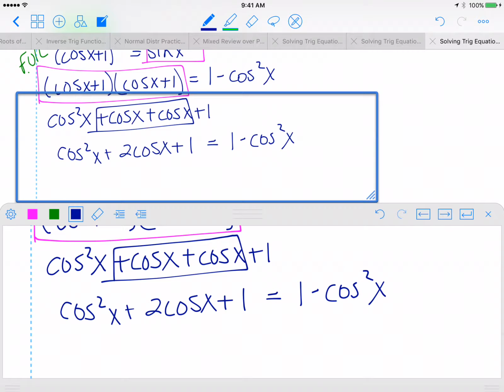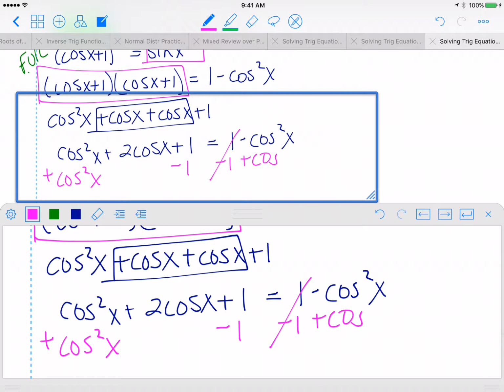Okay, so now let's get everything to one side, and that one side is equal to 0, and then we can solve from here. So I'm going to subtract this 1 over, so those cancel. Then I'm going to add this cosine squared x over here. And so this cancels.